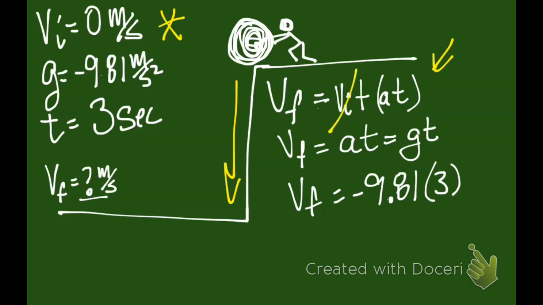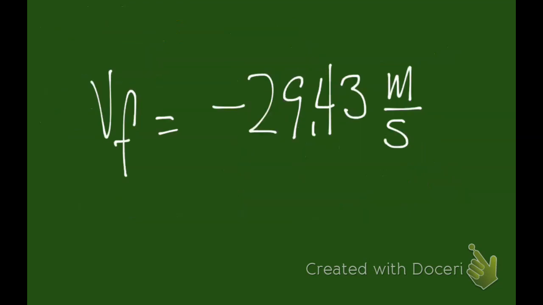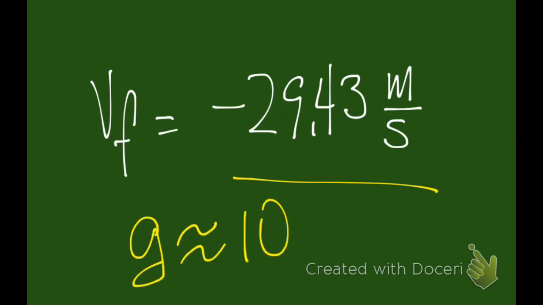So it's actually VF is A times T or G times T. So we plug in our numbers, 9.81 times 3, and we get a final velocity of minus 29.43 meters per second. One of the things you can do is, for quick estimations, you can say gravity is roughly equal to 10 meters per second squared if you're just doing calculations in your head.